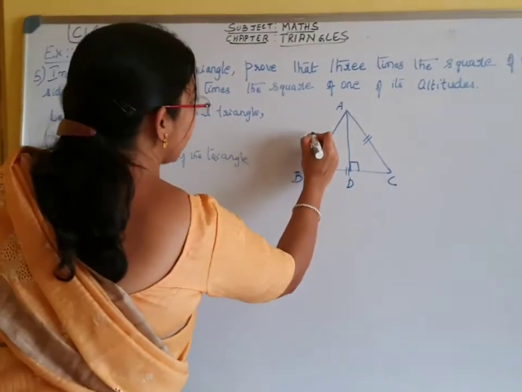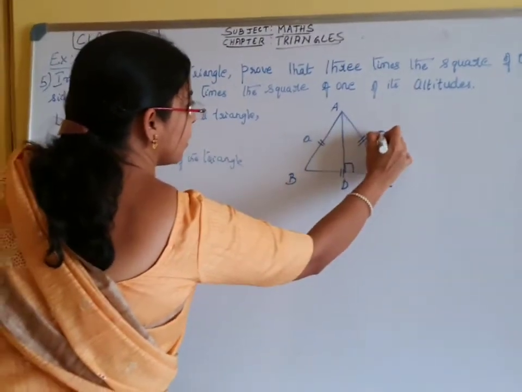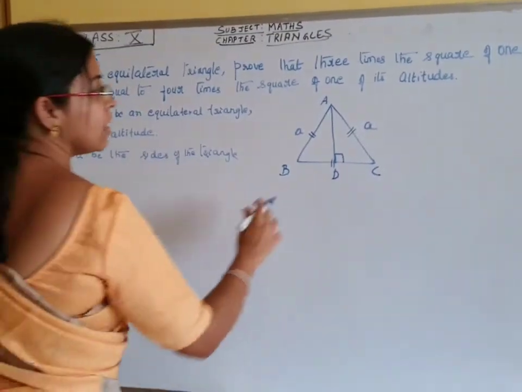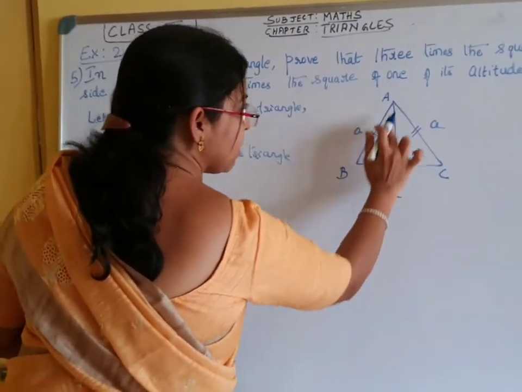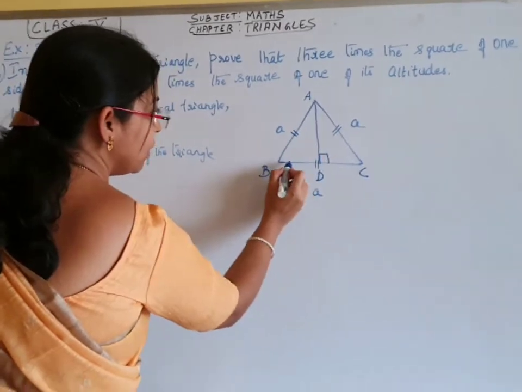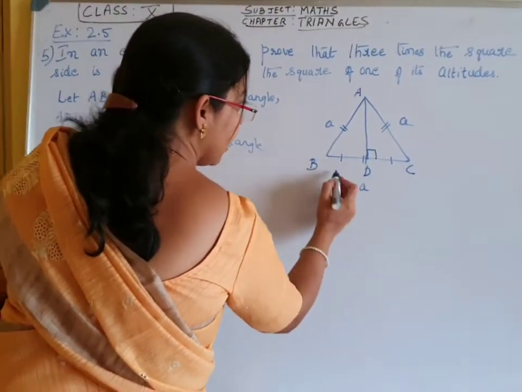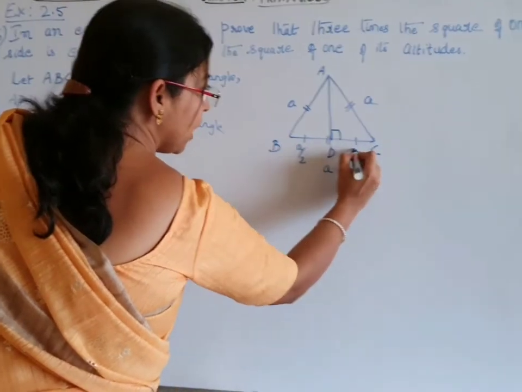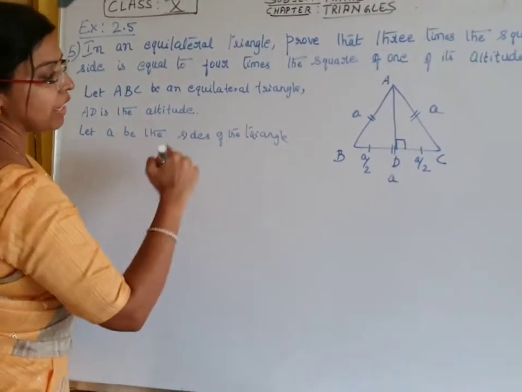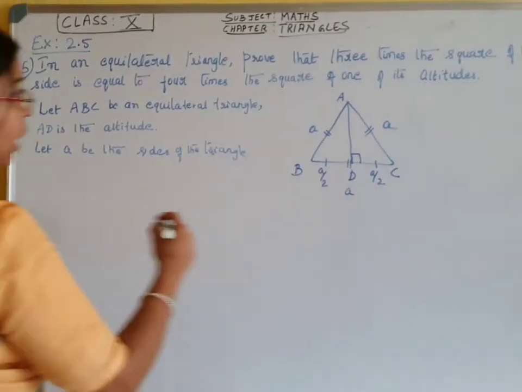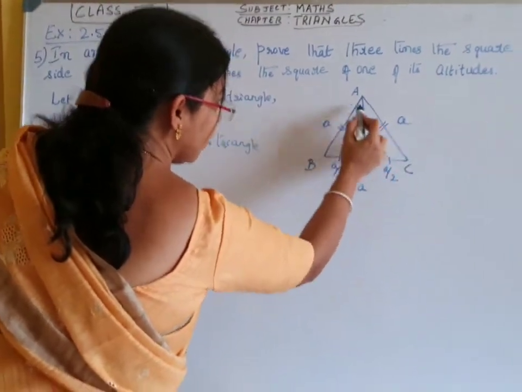If the sides of the triangle are a, so what about this side BC? Even that is a, but since it is being bisected by an altitude, these two are equal. That is, BD is equal to DC. So it becomes a by 2 and a by 2. And now we can apply Pythagoras theorem to triangles ADB and ADC.